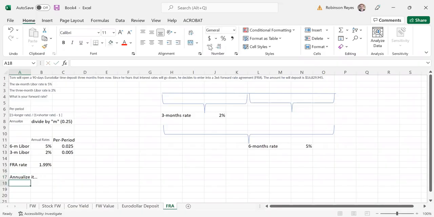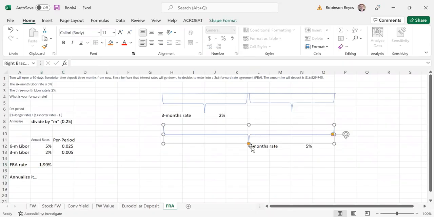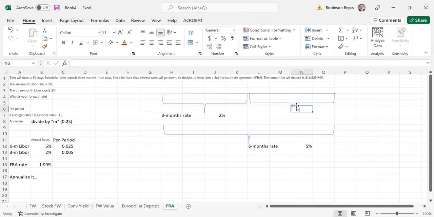And the way to annualize it depends on the setup of this problem. One important thing is that this problem may be different. For example, this may be a 1 year longer period, and then this could be a 3 months rate. Then in that case, we would be solving for a 9-month rate.